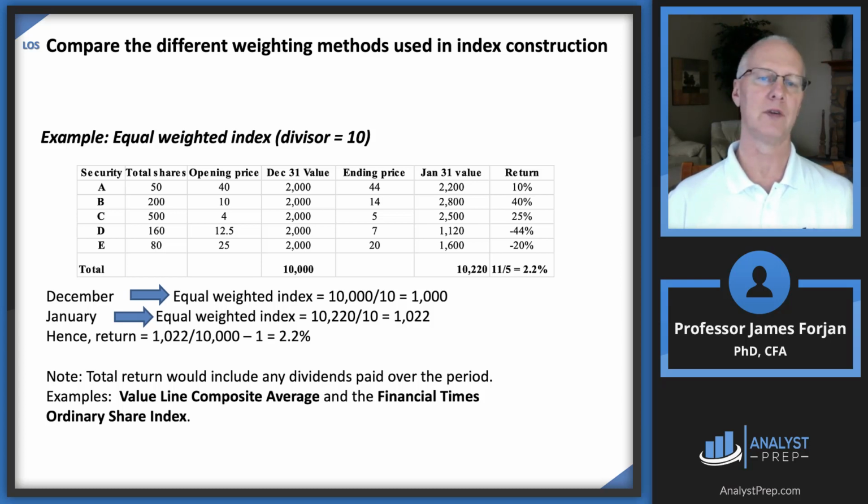So the index in December was 1,000, then it went up to 1,022, and that's a return of 2.2%. Now just remember that initially that divisor is set at the December 31st value. And so that divisor is 10.